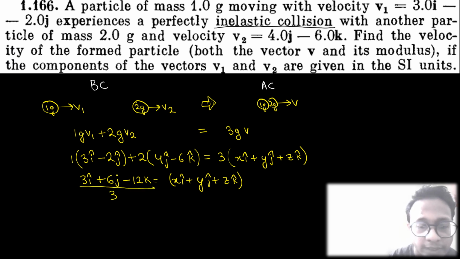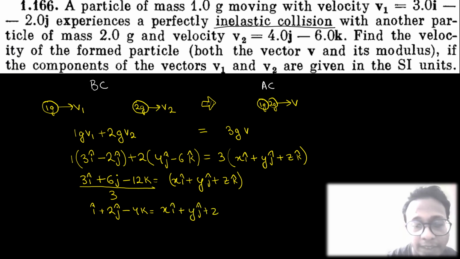Okay, these three I'm dividing out here. It would be i plus 2j minus 4k. It would be xi plus yj plus zk. That means the x component of velocity is 1, the y component of velocity is 2, the z component of velocity is minus 4. If I want to find the magnitude of this velocity, how do I find it?